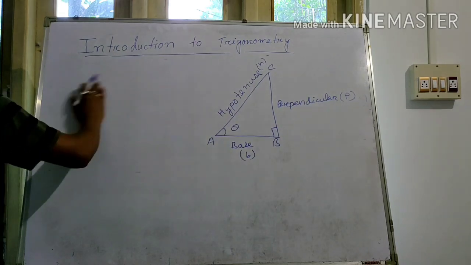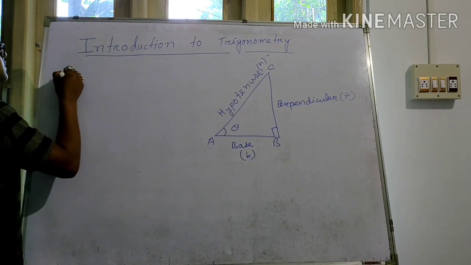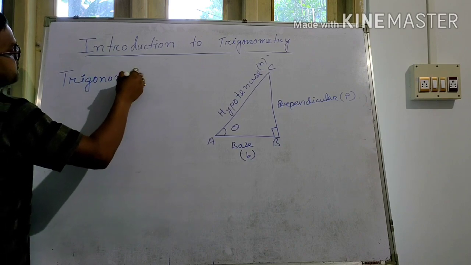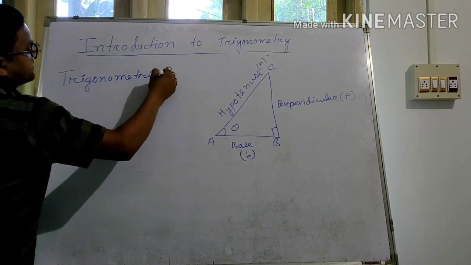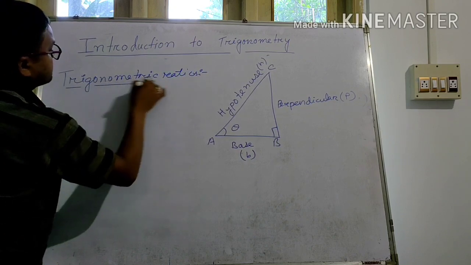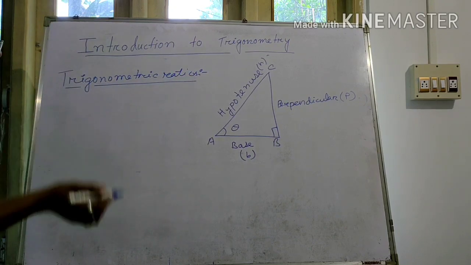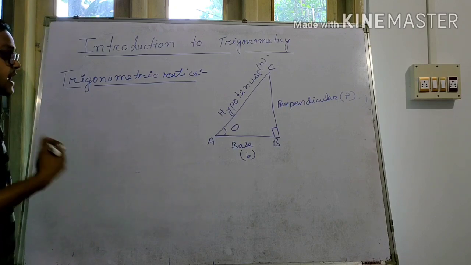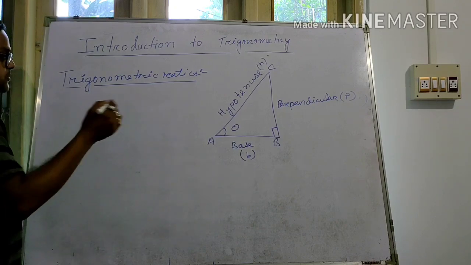So what are the trigonometric ratios? We know it is the relationship between the side lengths and the angles of the triangle.